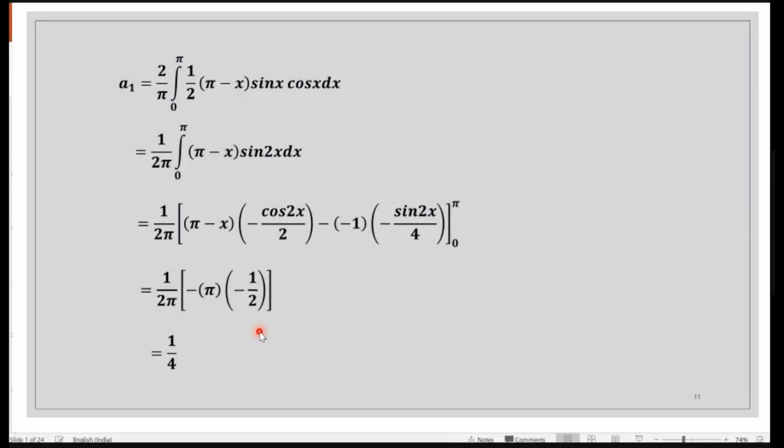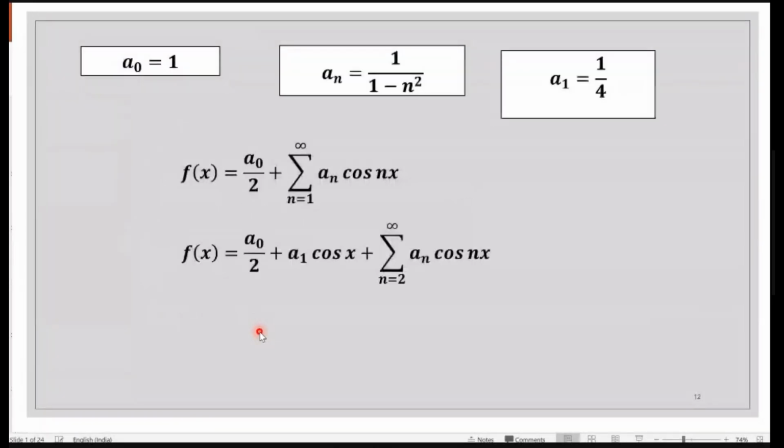Substituting A0, An and A1 in the series for the half range series for f of x. तो अभी जो हमने an निकाला था, that is true for n varying from 2 to infinity. तो हमें a1 separately लिखना पड़ेगा.